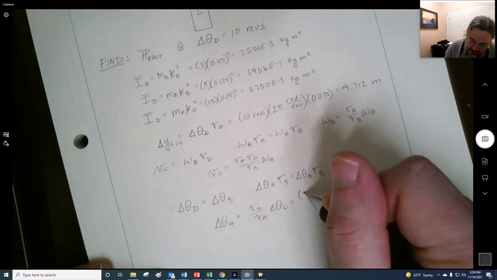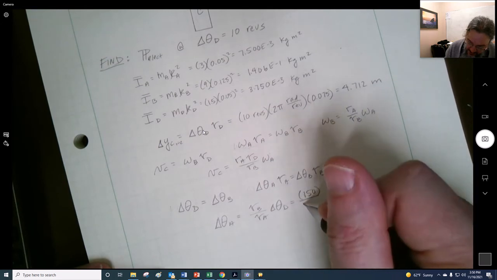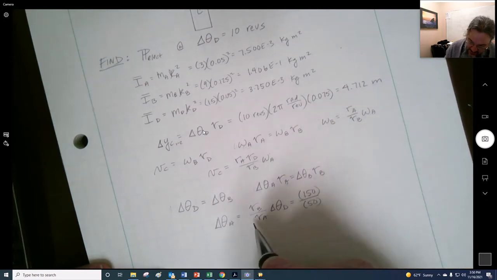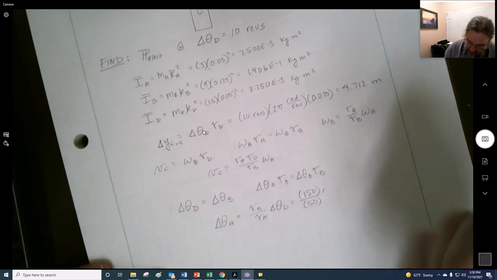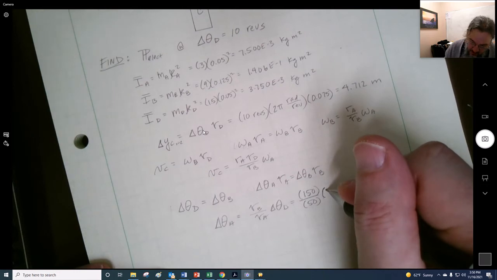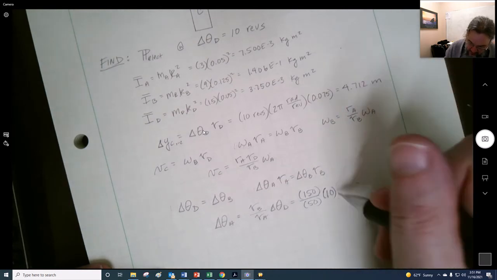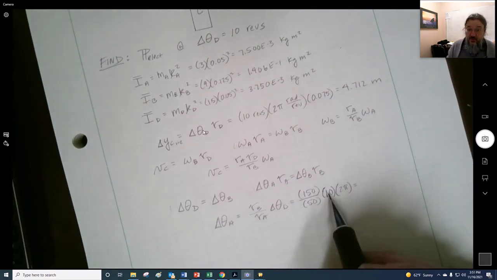It's a ratio, so I don't really care about the units there. I could just keep that as millimeters, and here is 50. So it's going to be 3 times the number of rotations of A as the number of rotations of D, and we never did find that out. And we'd like to do this in radians, so it's 10 revs times 2 pi, right? 2 pi radians per rev.